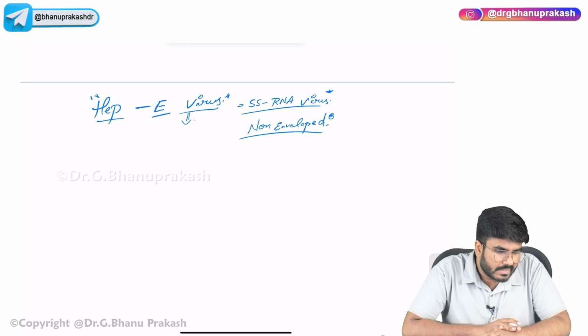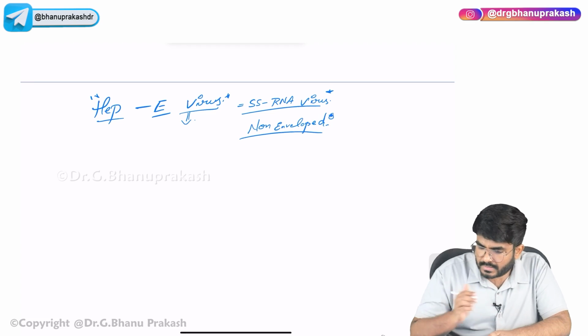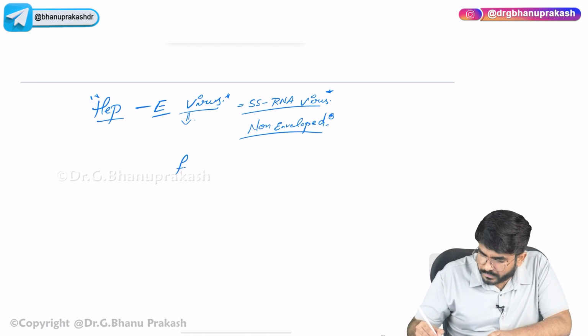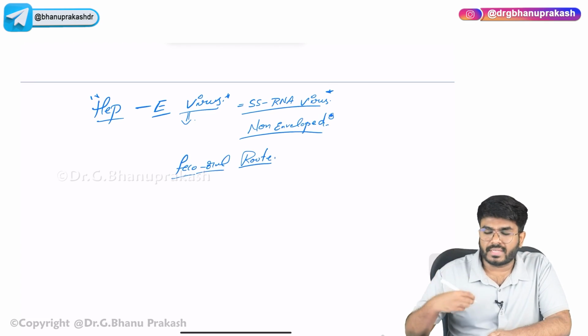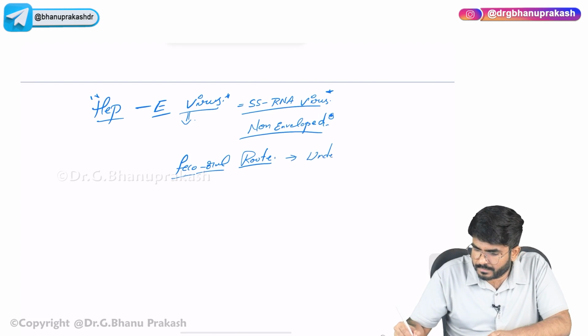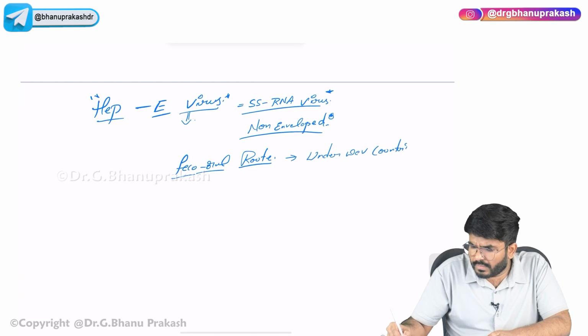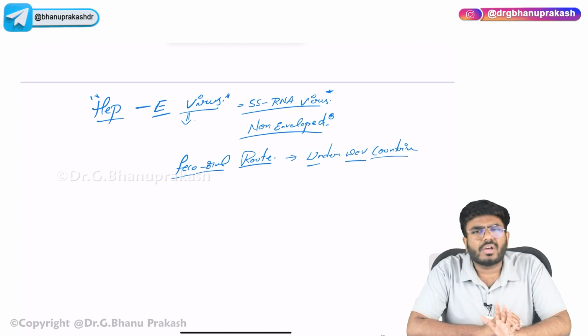How will you get it? You are going to get it by traveling to underdeveloped countries. That is the fecal-oral route, contaminated water, going through underdeveloped countries. The one important point regarding hepatitis A is that it does not cause any chronicity.